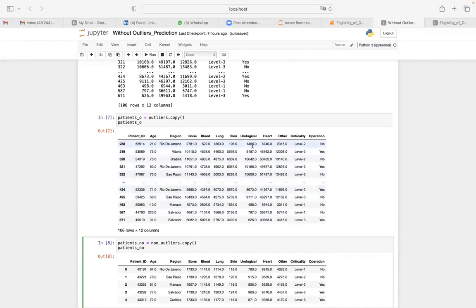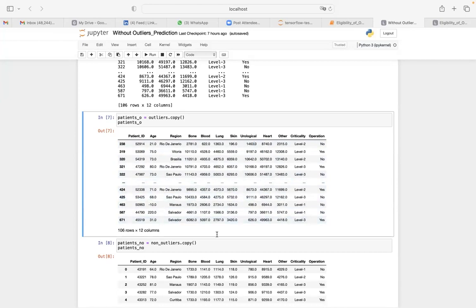But you can see in the urological condition, values like 1463, 9197, 10,000, and values like 498, below some 400 value, are also considered outliers. Due to this urological column, some of the ages like 21 and 75, 73 are also considered outliers, but we have to take the entire data frame out of the equation when we are discussing these.